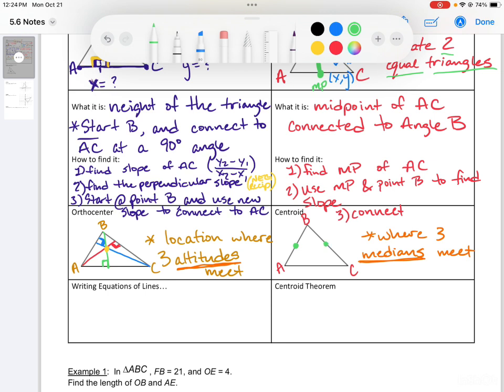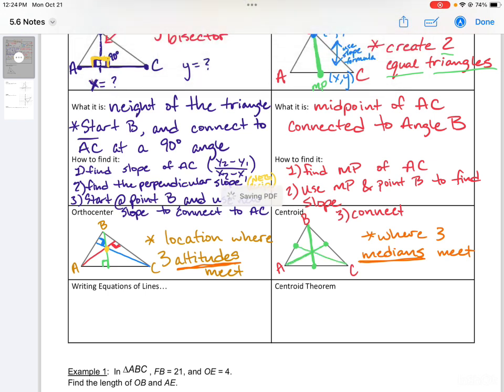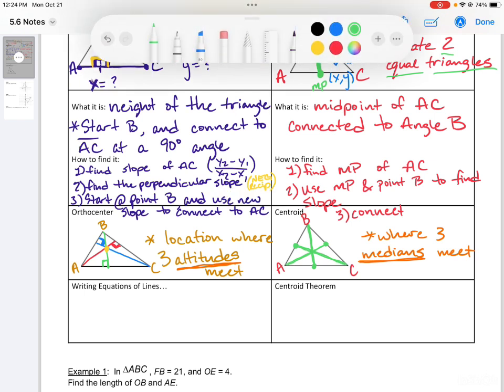So if I find the middle of AB and the middle of BC and the middle of AC, and I'm connecting those to the opposite angles, then you'll see that all of these 3 intersect at a central point, and that central point is the centroid. All right, that's the centroid, and this is the orthocenter. And both of those will be useful for telling us some information.